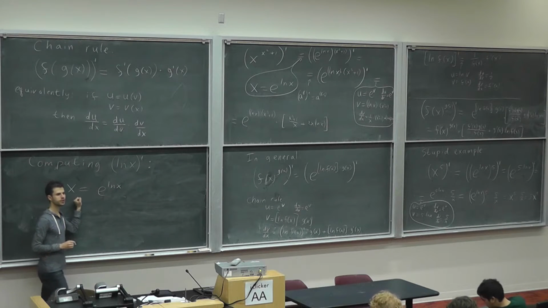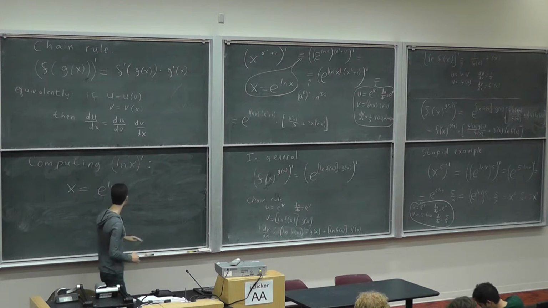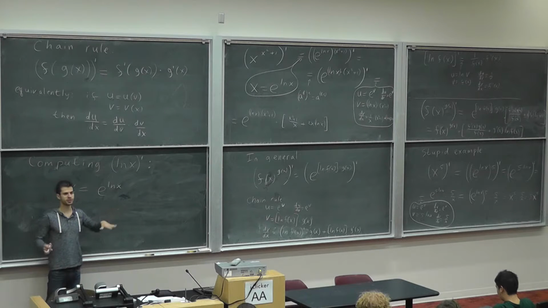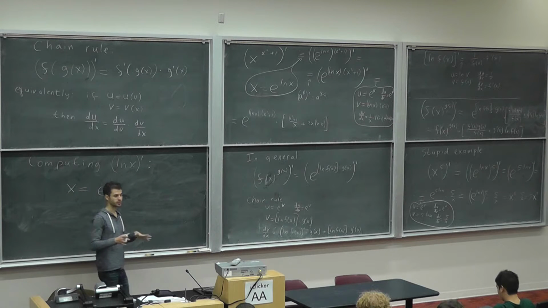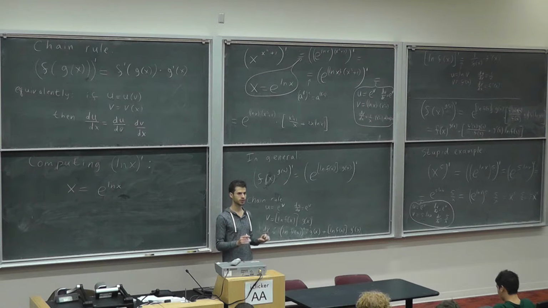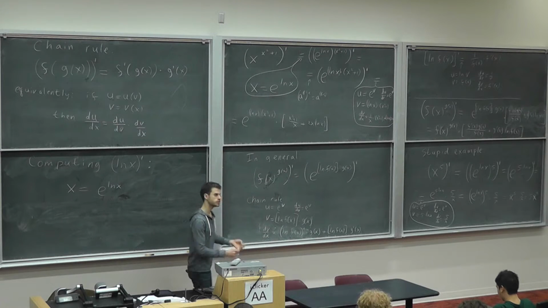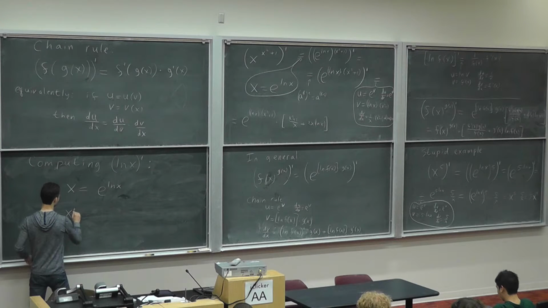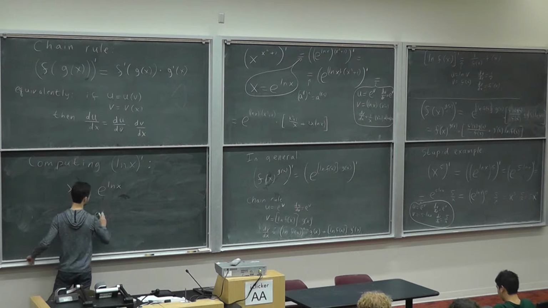So on the left you have a function of x, which is just x. On the right you have a different function of x, e to the power ln x. They are different expressions, but exactly the same function. They behave exactly in the same way. So in particular, their derivatives are exactly the same. x prime is the same as e to the power ln x prime.